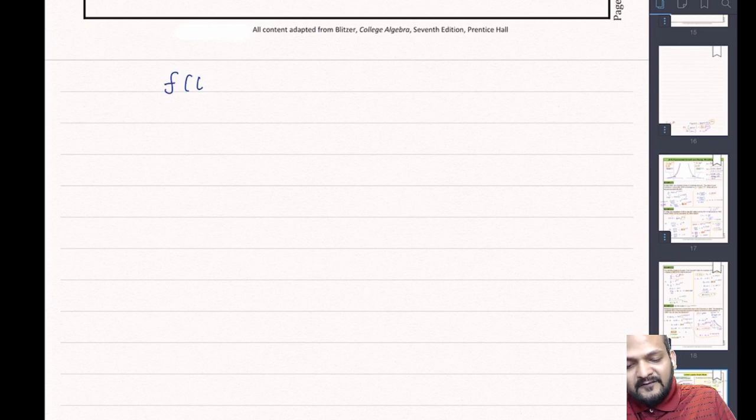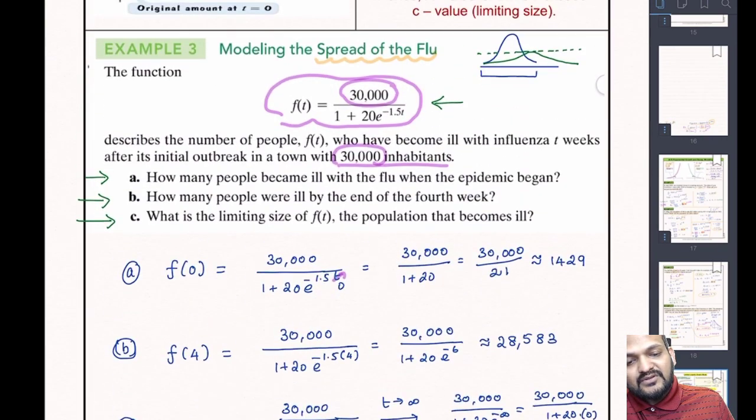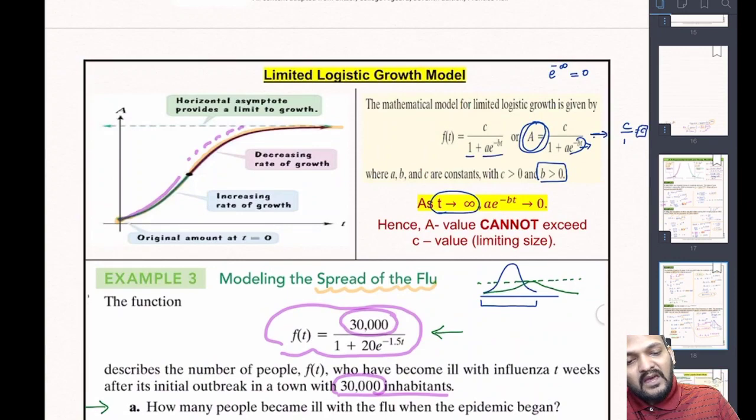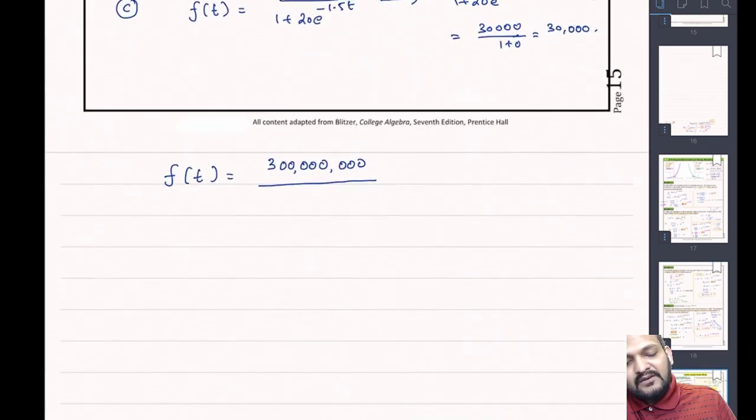The formula is f of t equals the US population, let's just say 300 million, divided by 1 plus a e to the negative bt.